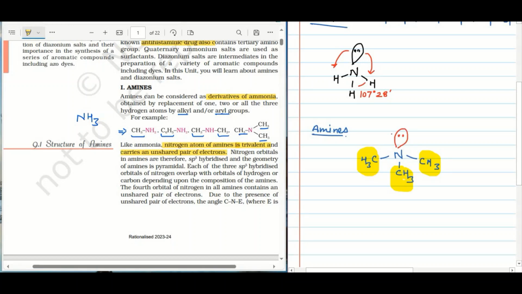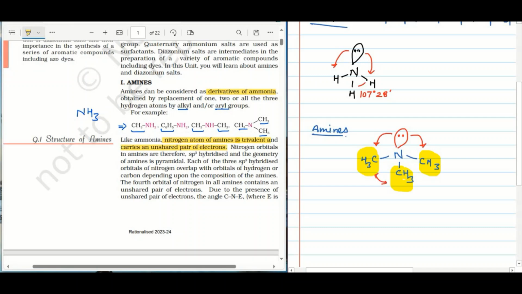And this lone pair pushes the bond pairs. But because of the bulky nature of the methyl group, the bond angle increases a little bit. So here in case of this tertiary amine, the bond angle is 108 degree, which is more than 107 degree of ammonia and less than 109 degree, which is the expected bond angle for sp3 hybridization.